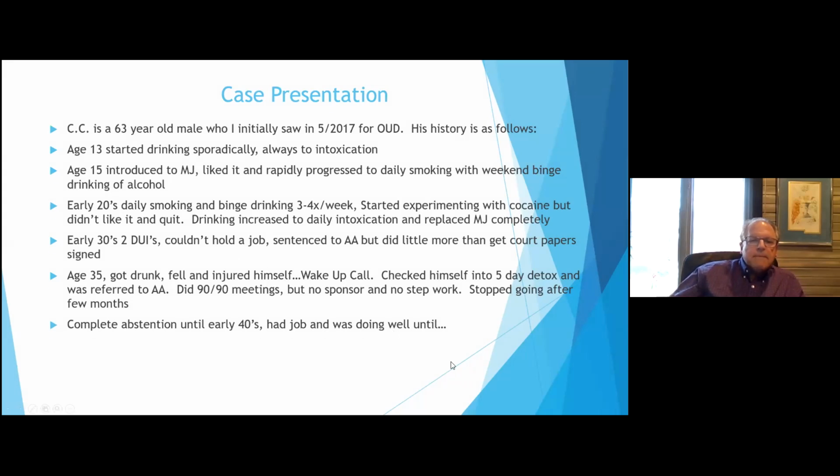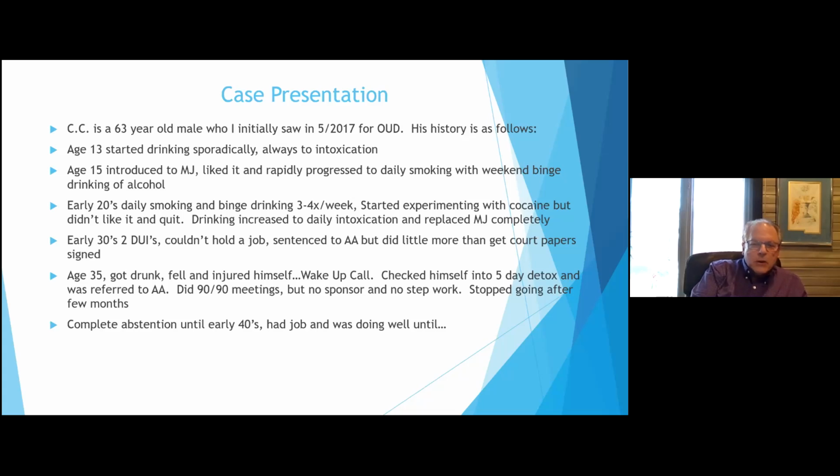CC is a patient of mine, or was a patient of mine, who I initially started seeing in May 2017 for opiate use disorder. He gave me the following history. He started drinking at age 13, always to intoxication, drinking with friends, usually on weekends, at parties, etc. By age 15, he was introduced to marijuana and really liked it.